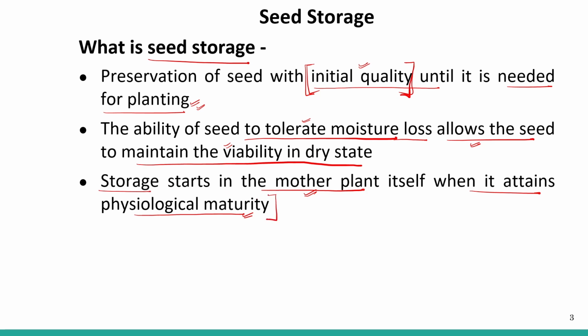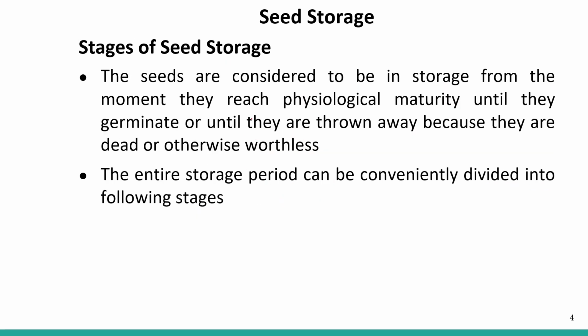The seeds start storing the embryo in that form at that particular time. The seeds are considered to be in storage from the moment they reach physiological maturity until they germinate, or until they are thrown away because they are dead or otherwise worthless.